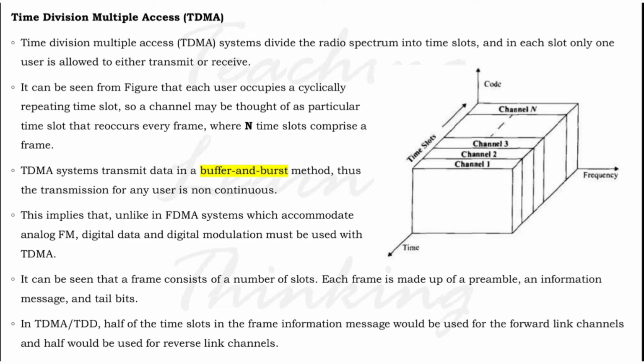In TDMA TDD, half of the time slots in the time frame information message would be used for the forward link channel, and half would be used for the reverse channel.